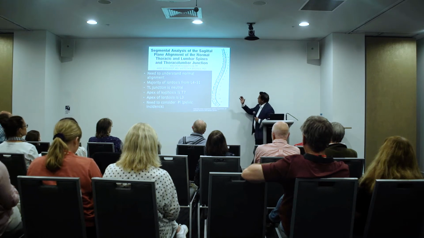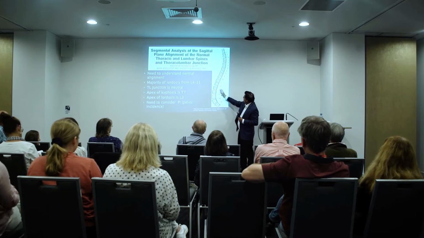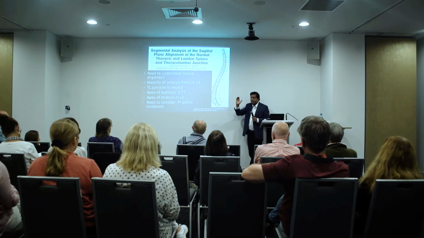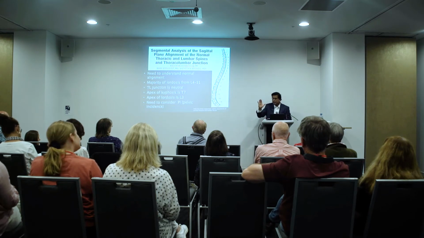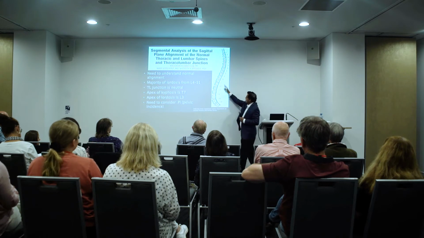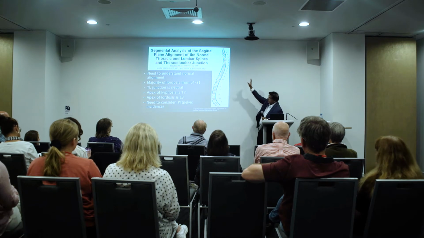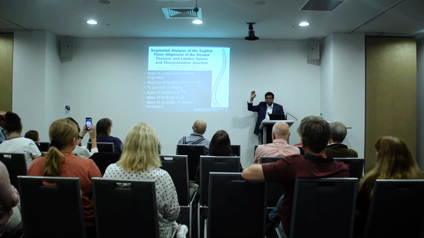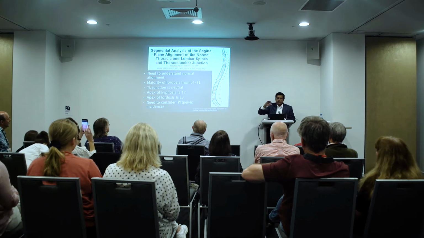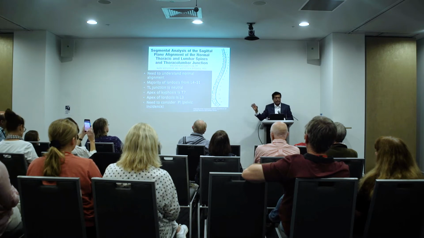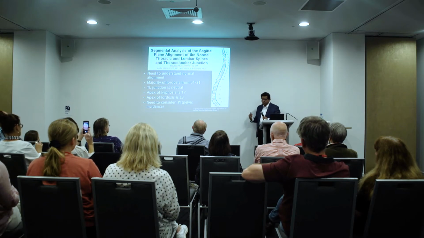And between about T10 and L3, your spine should be fairly straight, or at most about a degree of lordosis. So you shouldn't have this part of your spine bent forwards. Your kyphosis, which is the forward bend, should be at the top, and the apex of that is usually around T7. So if you know what the normal alignment is, then you can work out what's abnormal.